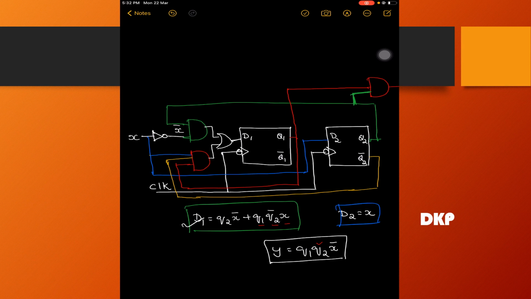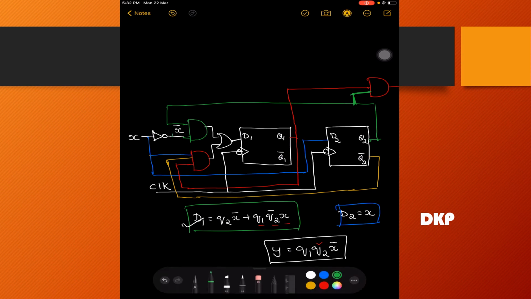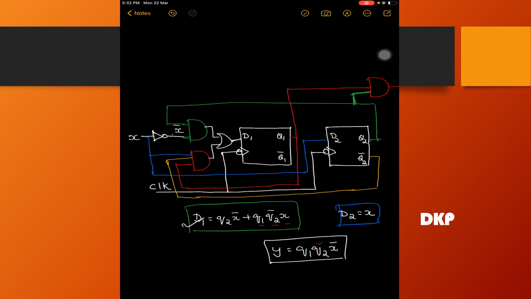And which is the third input? Third input is X bar. You can take X bar from here. This is the X bar input.